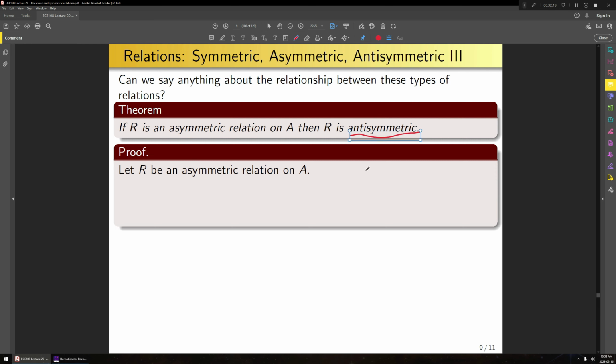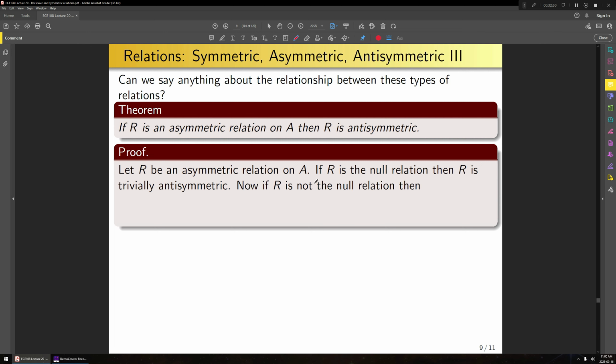I know nothing about R, I know nothing about the set A, so I can't really use anything other than the definition of asymmetric and anti-symmetric. We know the null relation is asymmetric, and we know the null relation is also anti-symmetric. So if it's the null relation, then I'm done. And you do need to cover this because the argument that we're going to use will not work for the null relation. If you just wrote this argument without this line, the proof would not work.